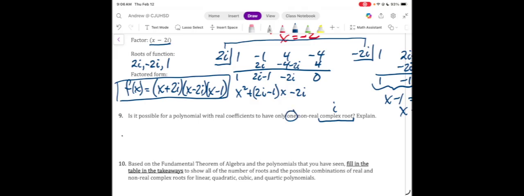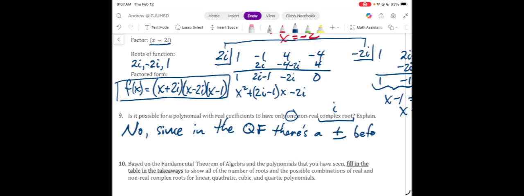And the answer is no, since in the quadratic formula, there's a plus or minus before any root of a negative. And that means plus or minus something times i.